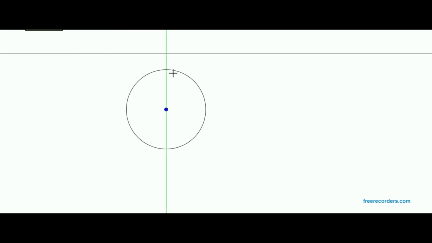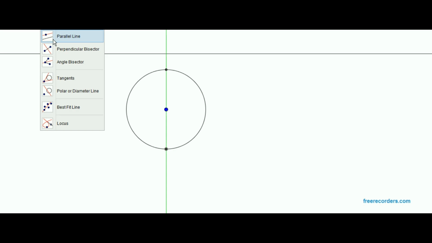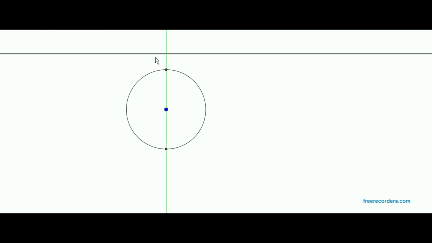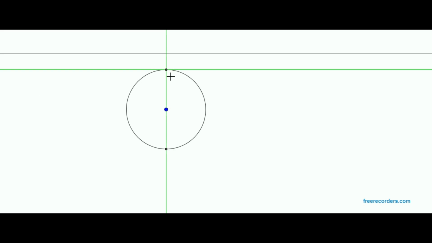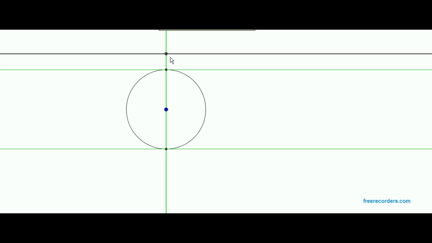We find where that line meets the conic, and then we draw lines parallel to our black line at these meeting points, and we find out where this perpendicular meets our black line. Now that's going to give us the real components of the complex contact points.